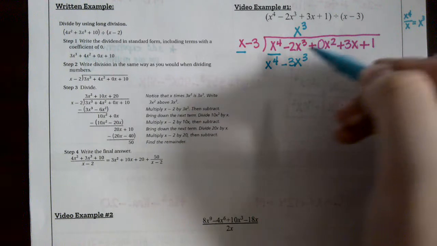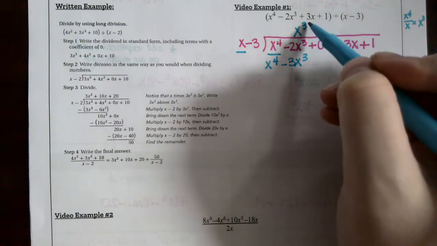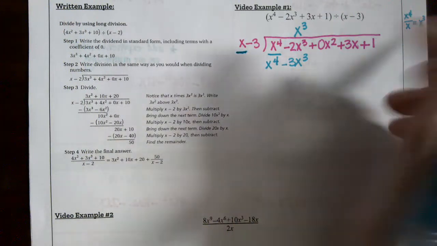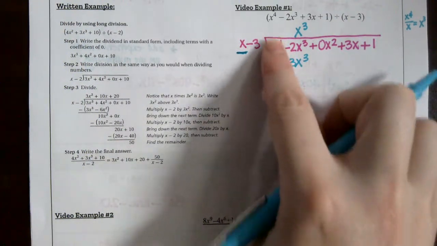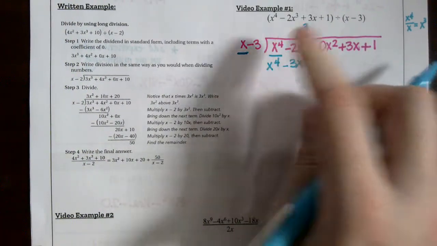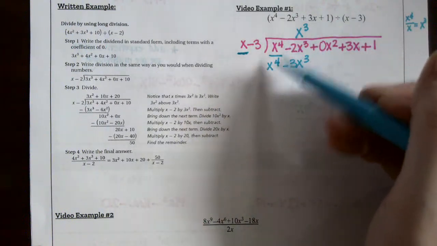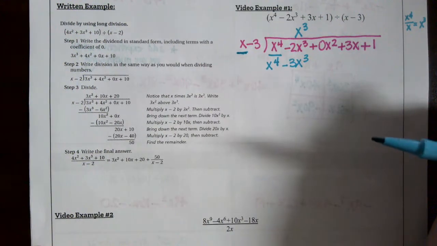So essentially what you're doing is trying to figure out what would I need to multiply this first part by to get rid of this first term? In this case, it's x to the third, we multiply, and then these should cancel. If they don't, then you made a mistake somewhere.